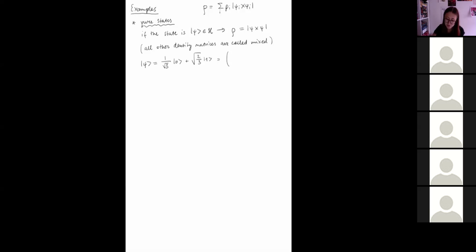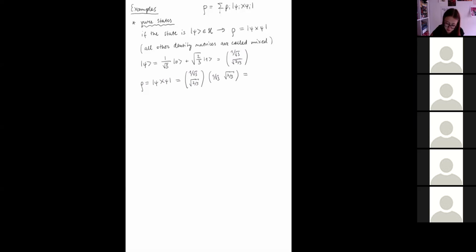The easiest way is just to write psi as a vector in the basis 0, 1. Then we get the following column. Then to calculate rho, we need to multiply the ket psi by the bra psi. The ket psi we already have, and the bra psi is just the conjugate transpose. There is nothing to conjugate here, so we just write our vector as a row.